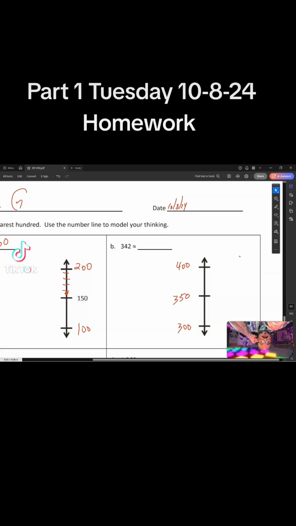We need to plot 342. 300, 310, 320, 330, 340, 350. 342 would be somewhere in here. Less than or greater than halfway? Less than. So we round down. 300.